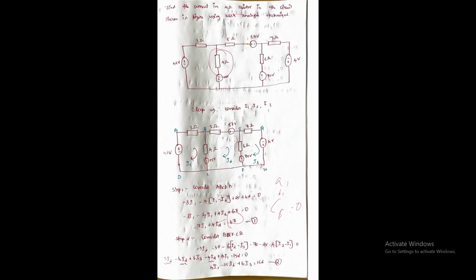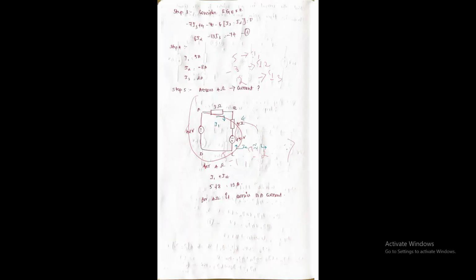Here in these loops we have already mentioned that the 4 ohm carries the I1 and I2 currents. So we need to add the I1 and I2 values to get the current flowing in the 4 ohm resistor. I1 has the value 5 and I2 has the value 8. So we add this 5 and 8 and get 13. So the 4 ohm resistor carries the current of 13 amps.